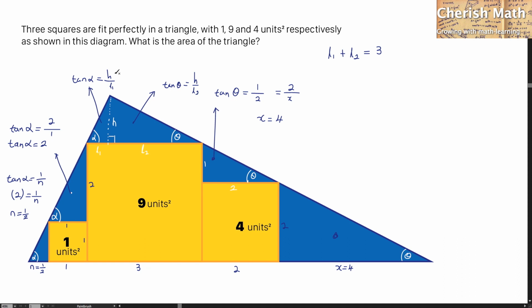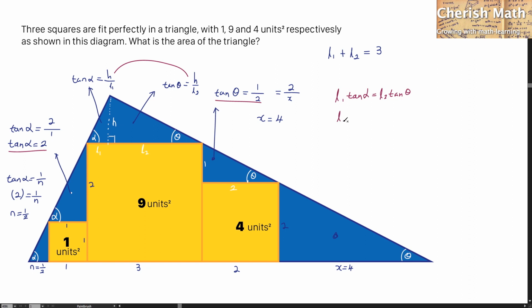I'm going to equate the value of h on the left hand side to the value of h on the right hand side, and that produces L1 tan alpha equals L2 tan theta. I'm going to substitute the values of tan alpha and tan theta from before.